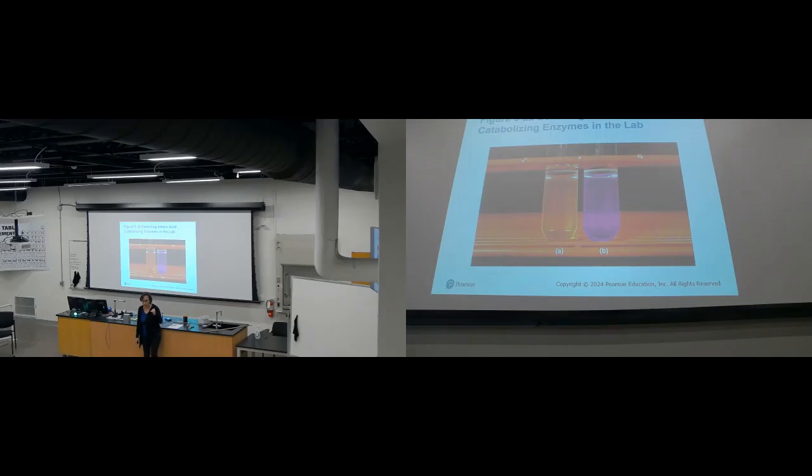There are certain bacteria that do not have the carboxylase enzyme, so they cannot decarboxylate the amino acids, and it will leave the pH of the media neutral or basic.